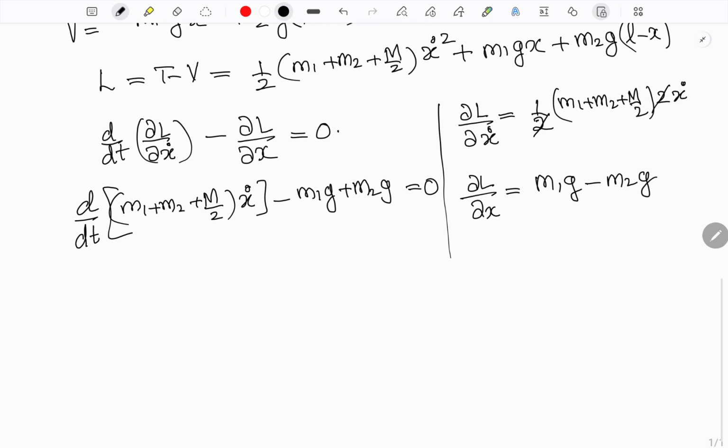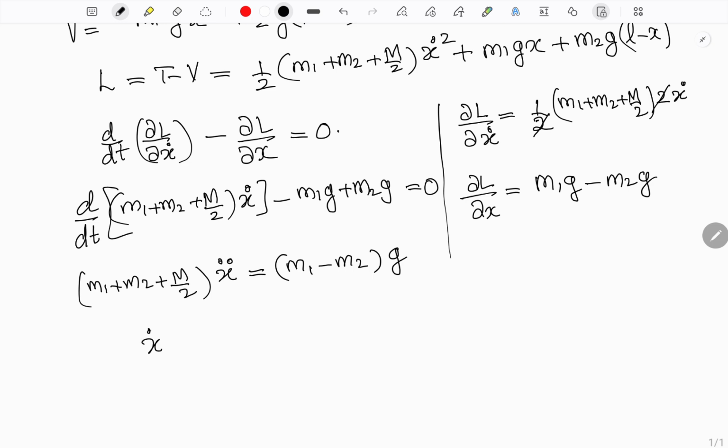Now when we take the time derivative, we will get (m1 plus m2 plus capital M by 2) x double dot will be equal to m2 minus m1, sorry, m1 minus m2 into g.